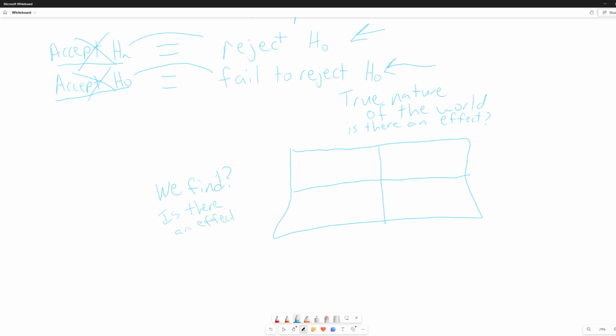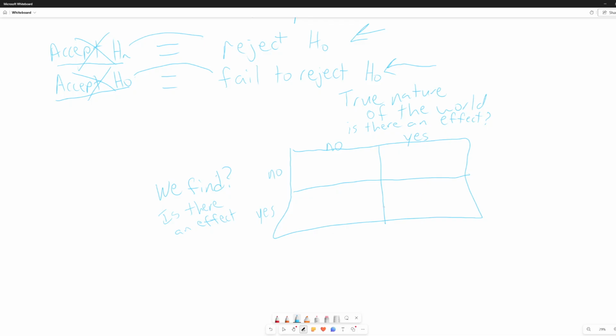Now, obviously, we would love to find what is true about the world. So is there really an effect in the real world? The answer could be no, or the answer could be yes. What did we find? Did we find that there is an effect? No. Did we find that there is an effect? Yes. And these are the 4 possible outcomes that could happen when we run a scientific study.